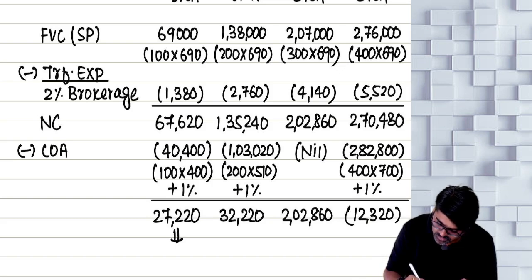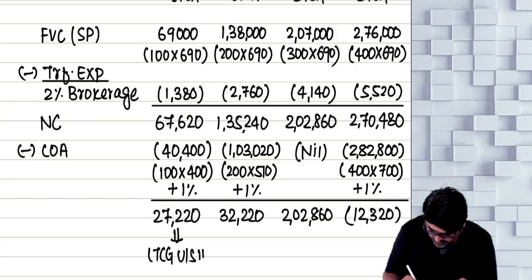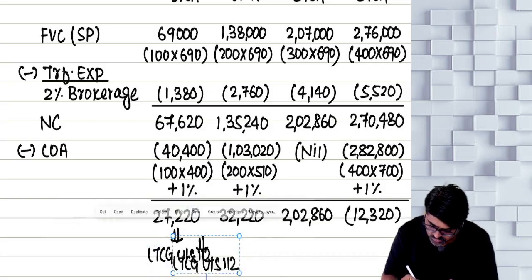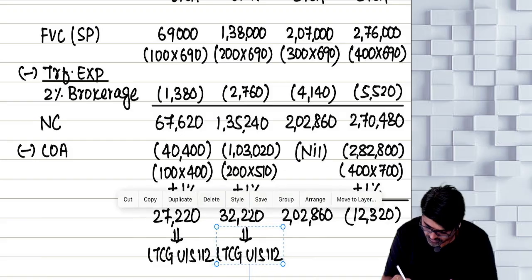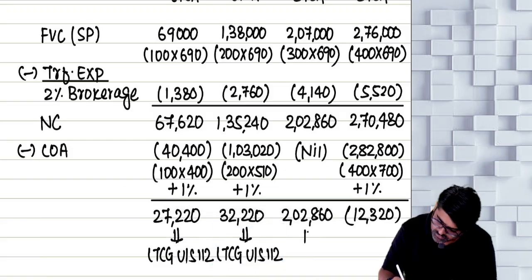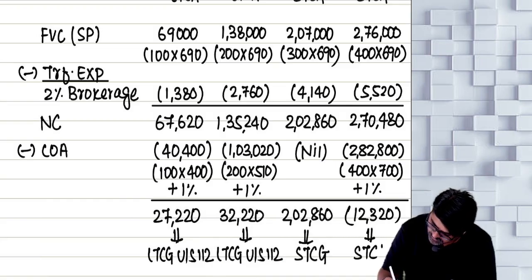So this is your long-term capital gain. LTCG under section 112. This is also LTCG under section 112. This is your STCG and this is your STCL.